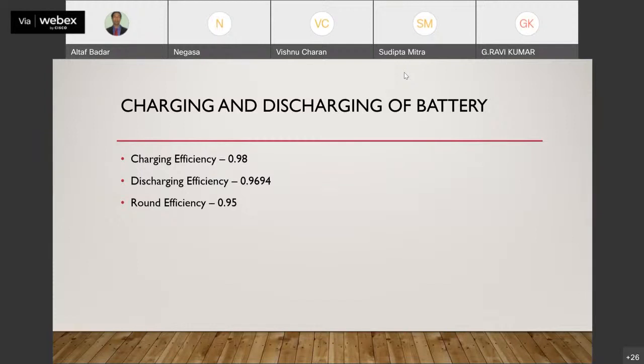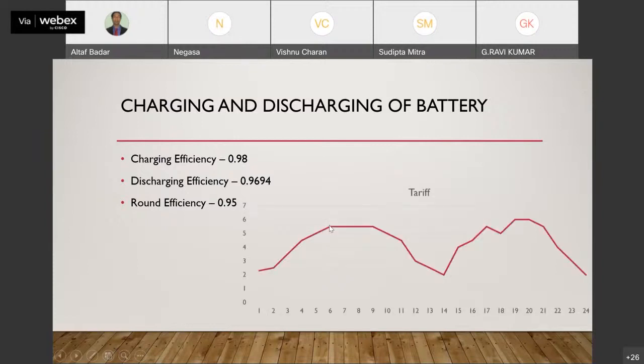Now let us come to the part called the tariff, and then I'll give one more slide dedicated to the tariff part. Let us say this is the tariff of the day. When should I charge the battery and when should I discharge the battery?